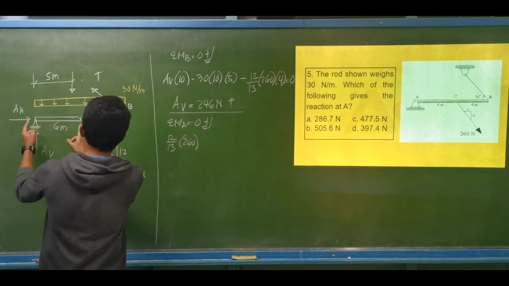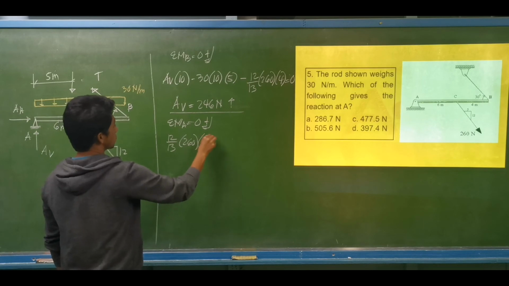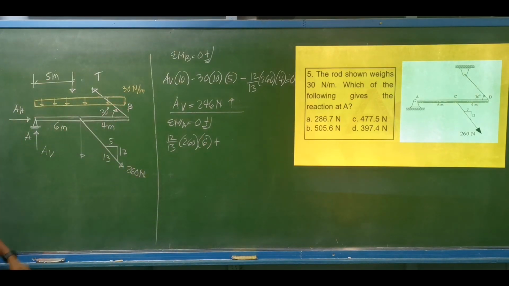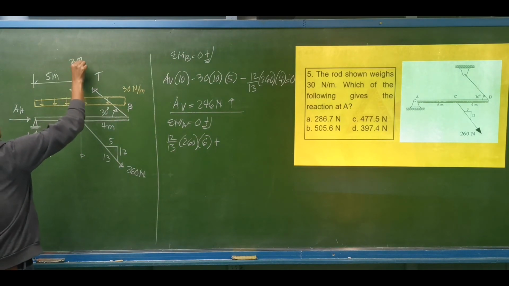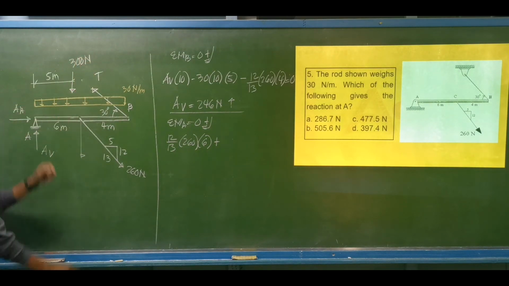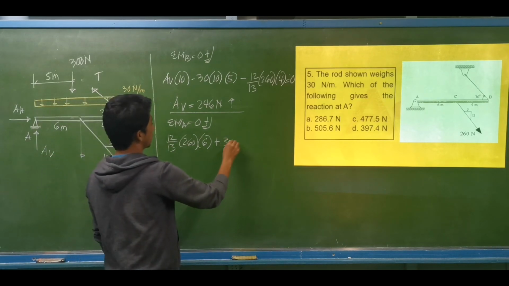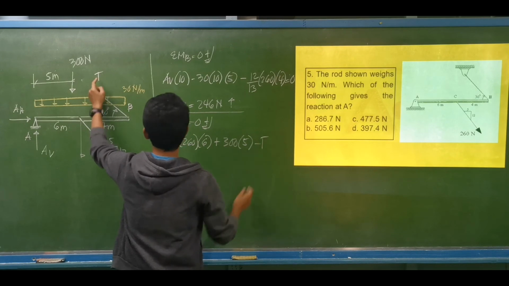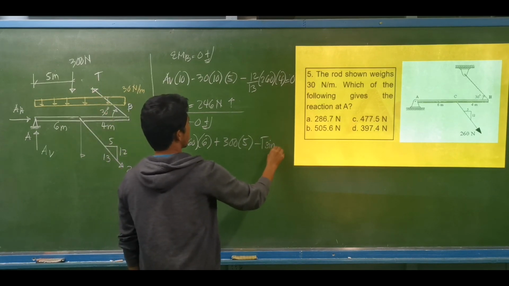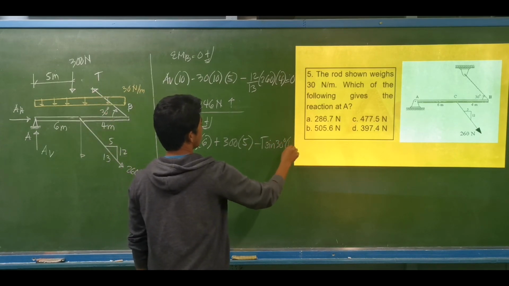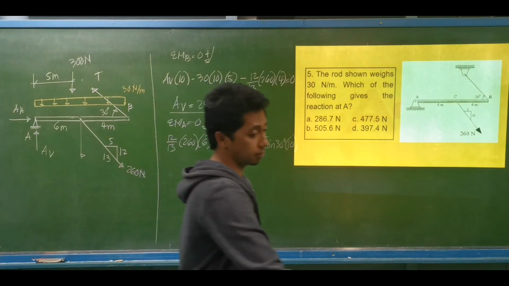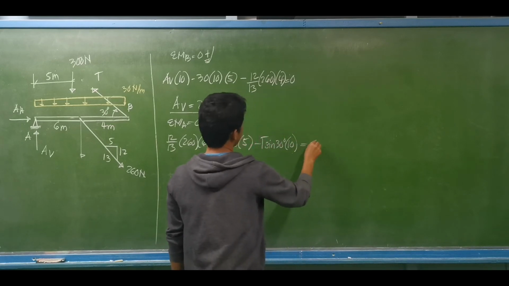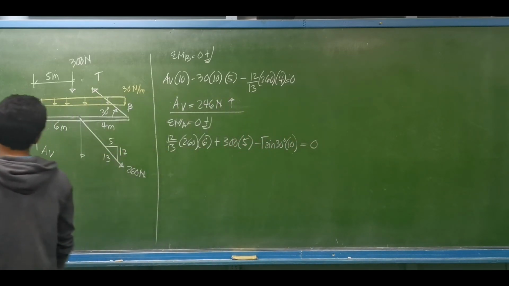This time from A, there is 6 meters. Plus the 30 newtons per meter times 10, this is the same as 300 newtons at a distance of 5 meters. So that is plus 300 times 5 minus the tension, its vertical component is sine of 30 degrees. This is at a distance of 10 meters from point A, equal to 0.